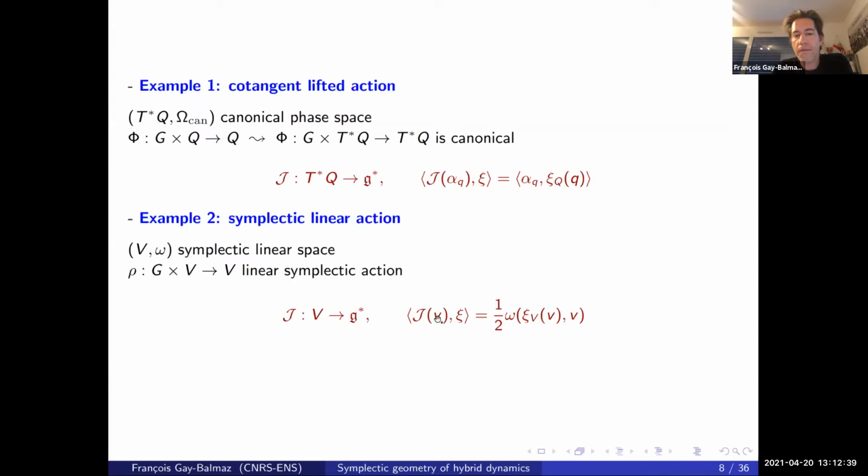So J of V paired with Xi in the Lie algebra, because I want something in the dual here, is given by this quantity: 1/2 the symplectic form evaluated on the infinitesimal generator paired with, another time, the vector V in the space. So let's keep in mind this formula, which will give us many important objects in what I will present.